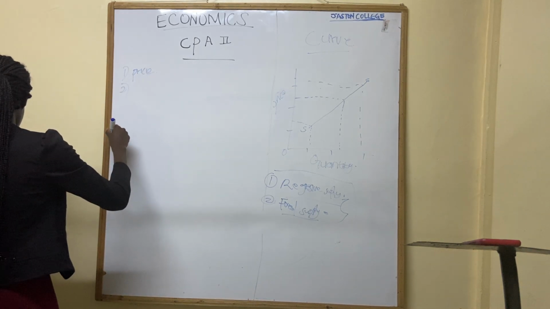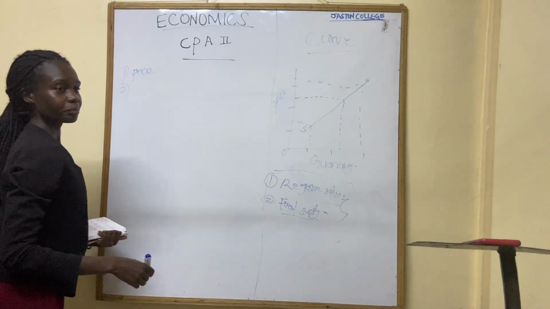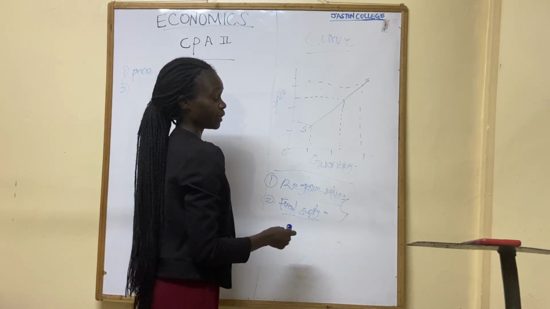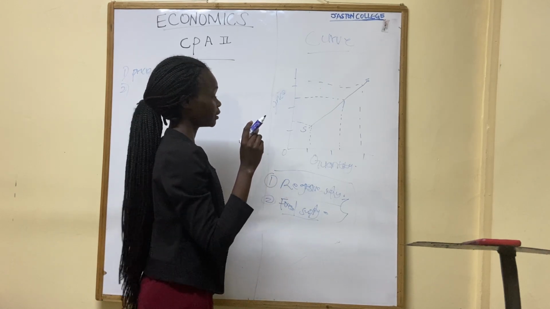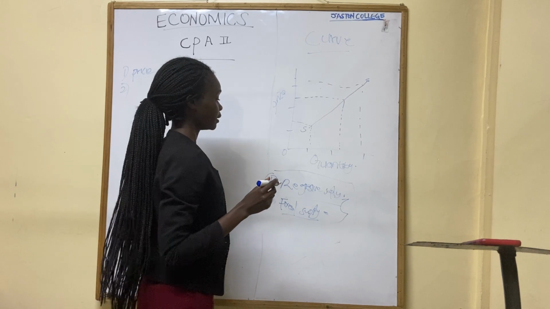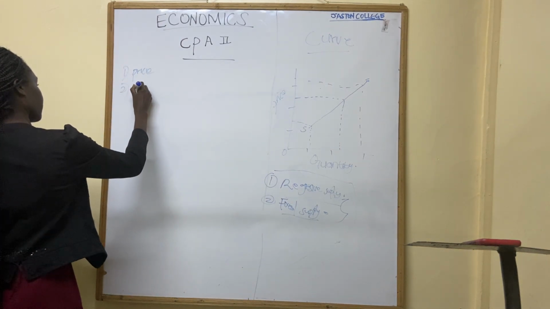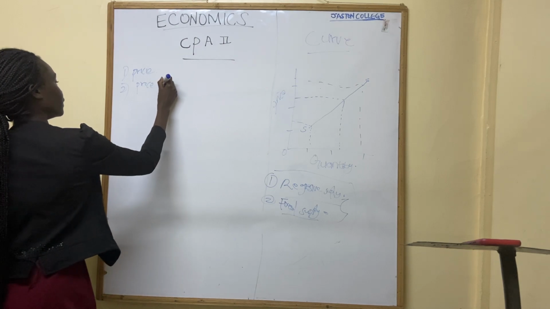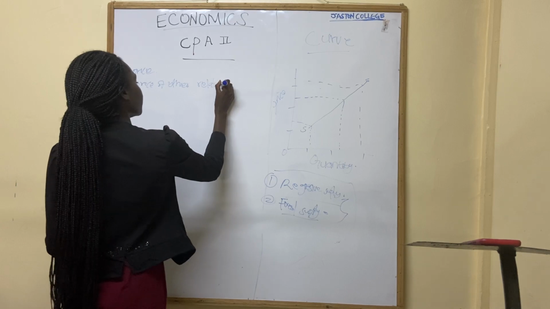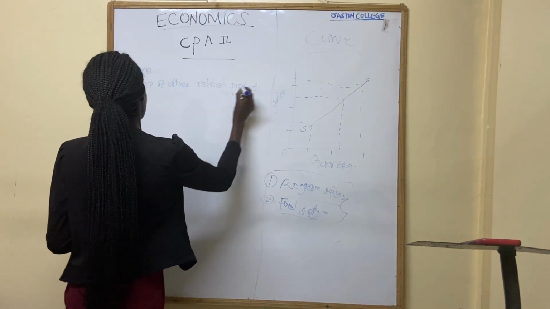The second one is the price of other related products. We'll be using tea and coffee, which are related products. When the cost of tea rises, the demand for coffee also rises.